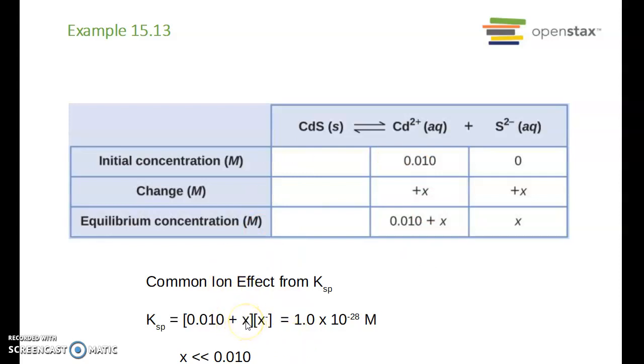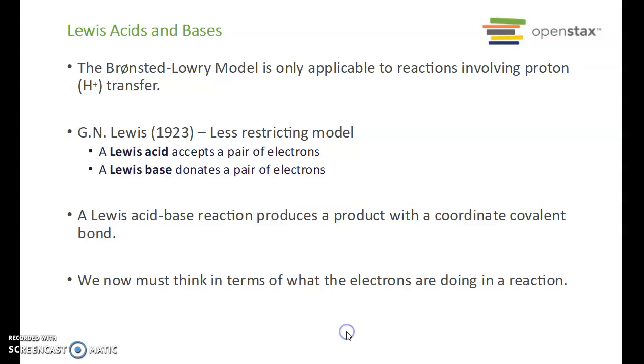So essentially you're multiplying this concentration by the x concentration, so what is going to happen is you will just divide this right here by the 0.01, and you'll end up with x equal to 1.0 times 10 to the minus 26th. Okay, that's the common ion effect and other special applications for those.